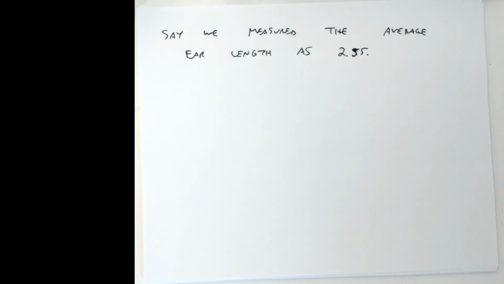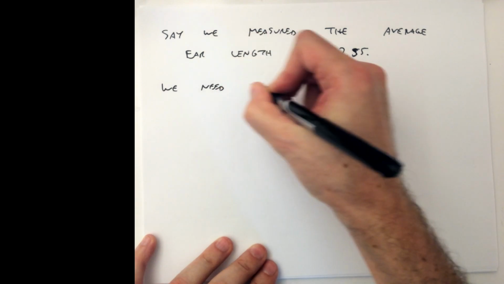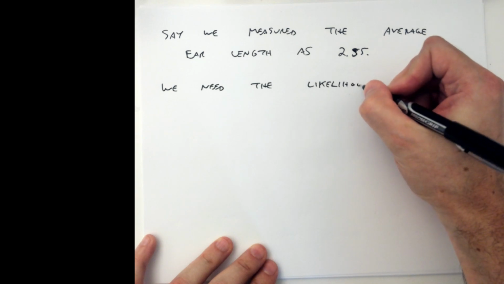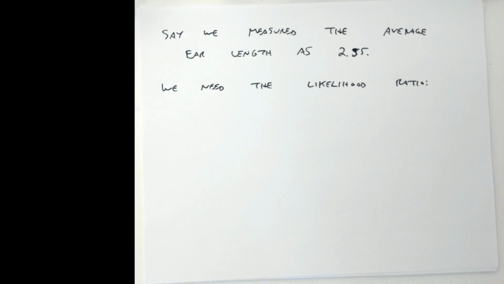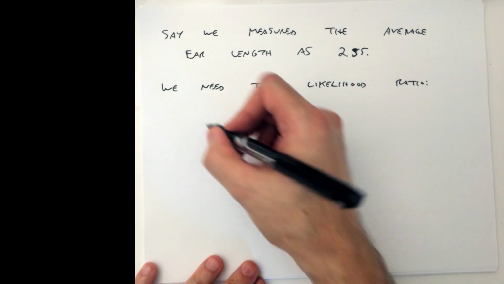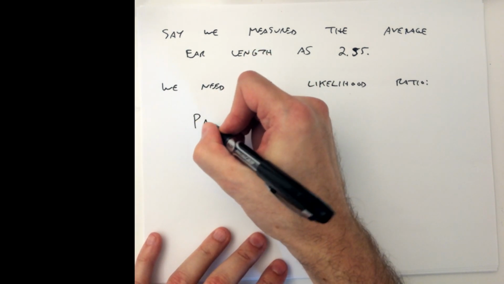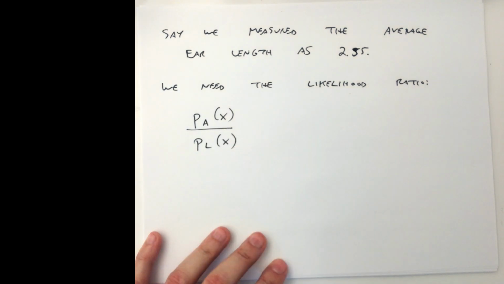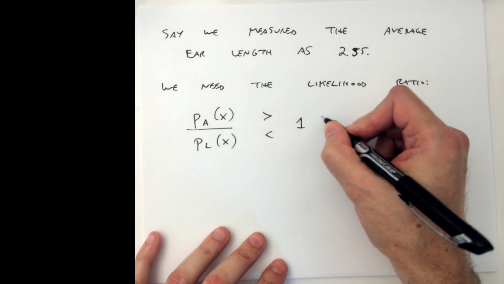So the first thing I have to do is say, okay, well, I need to compute the likelihood ratio, right? So we need the likelihood ratio, which is like, I want to look at whether or not the PDF of alpaca given x over the PDF of llama given x is greater than or less than 1, right?